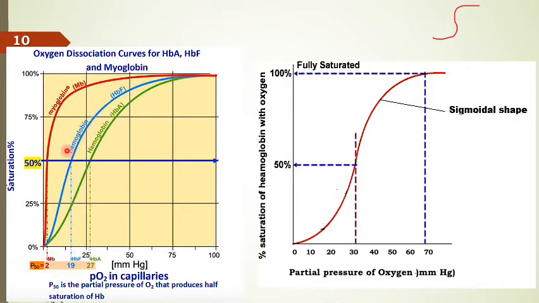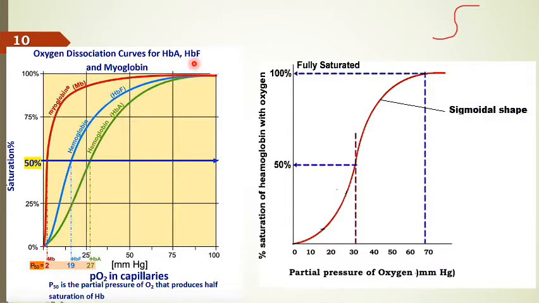This is the graph of hemoglobin F. It is saturated 70%, delivering only 30% of its cargo to the tissue. So hemoglobin F has higher affinity for oxygen than hemoglobin A.